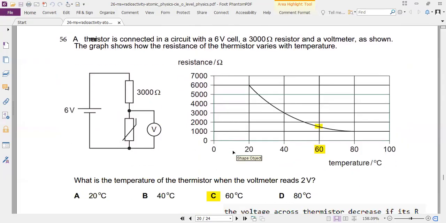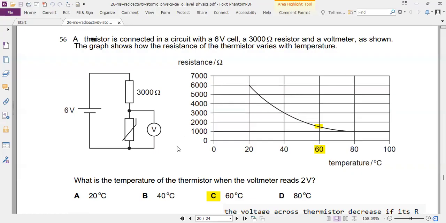Okay, very nice question here. It demands lots of intuition if you get it by a surprise. If you have practiced it here with me, you shouldn't be worrying. So the question says we have a potential divider circuit, 3000 ohms resistor here, thermistor here, and we want to measure the voltage across the thermistor.